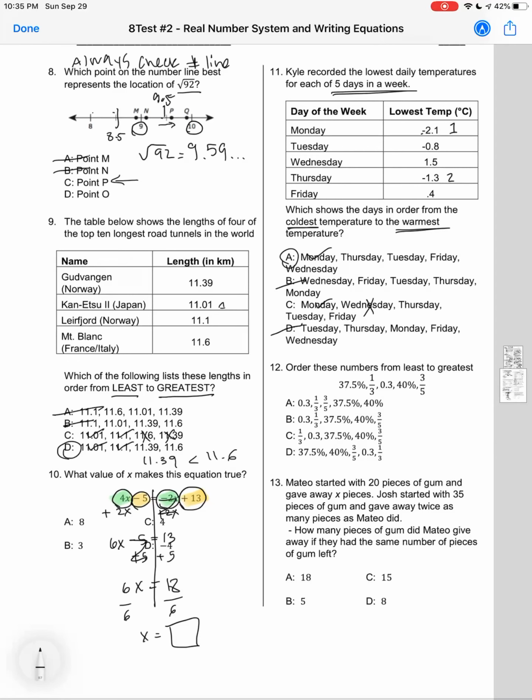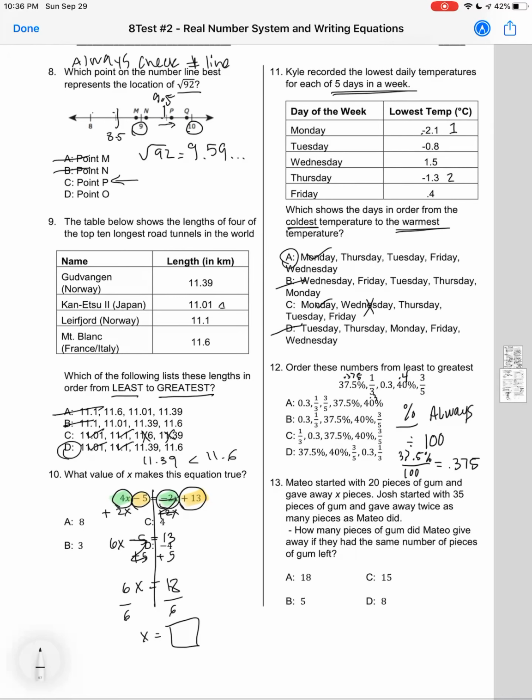Okay, all right, we did a warm-up when we turned percents into decimals. Always divide by 100. So 37.5% divided by 100 would be 0.375. So we could turn this into 0.375. 0.4 would be 0.4.